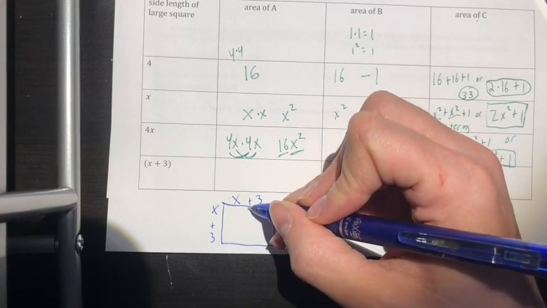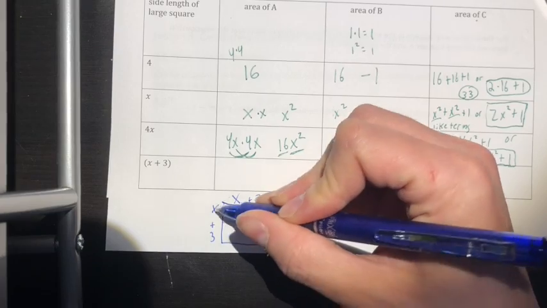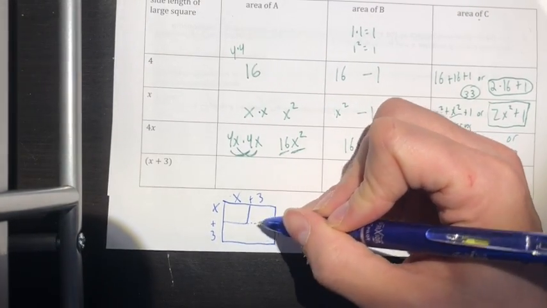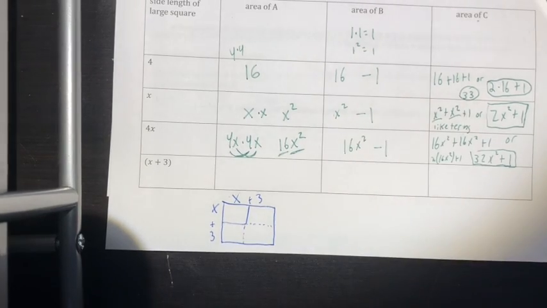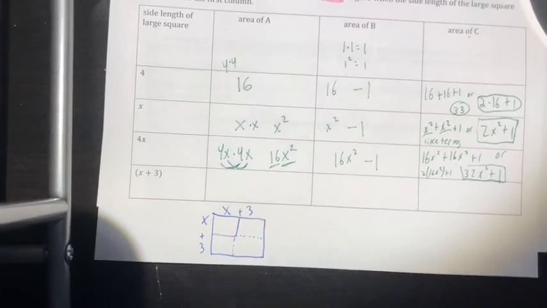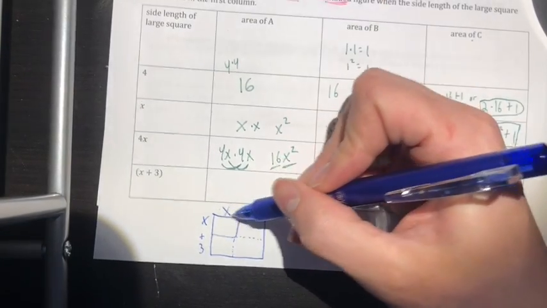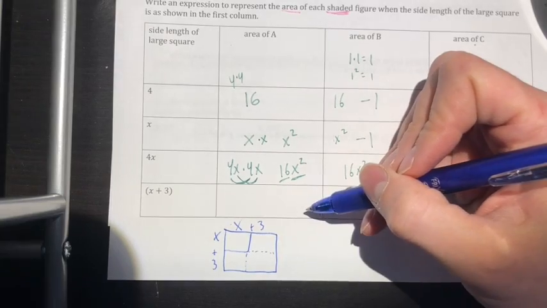So really I can break up the square into an x by x and then add on 3 and then add on 3. And I can find the area of each of these little pieces. So I have an x plus 3 and an x plus 3.